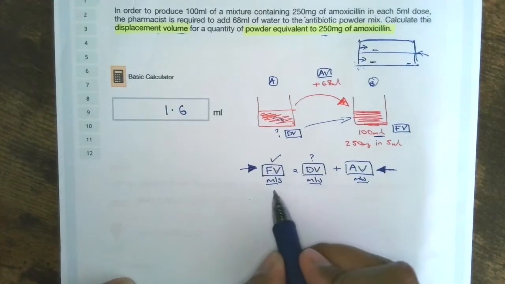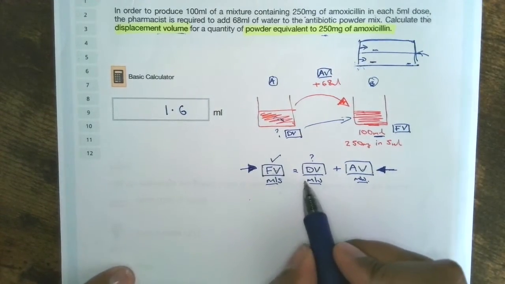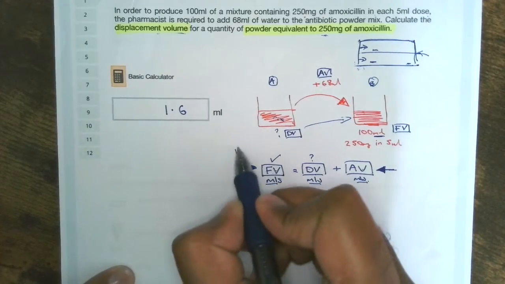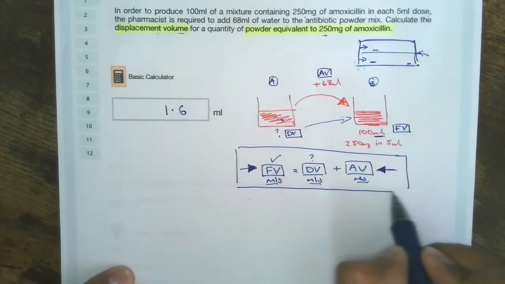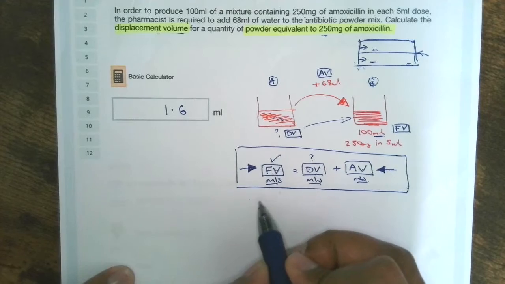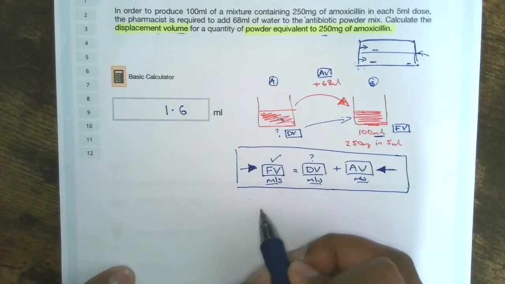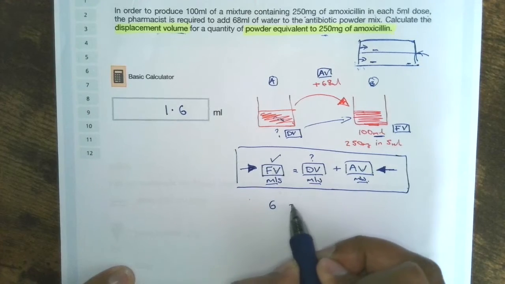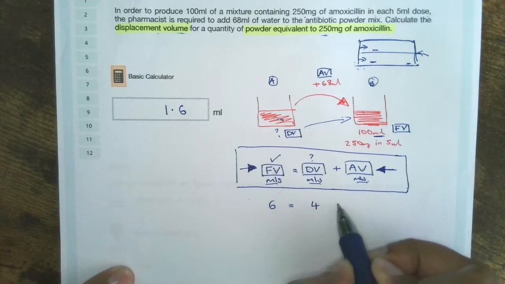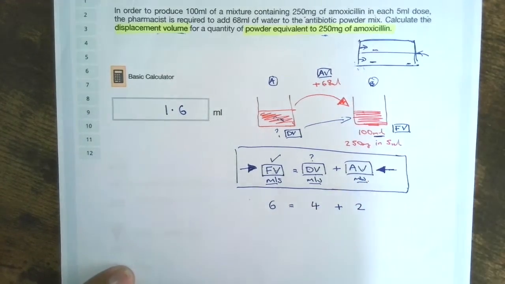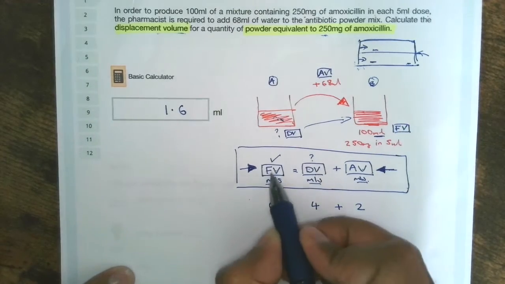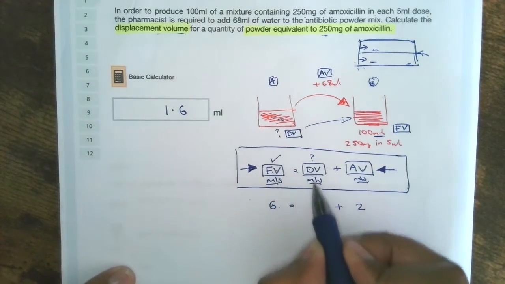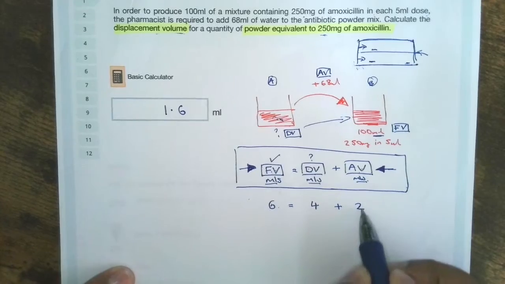Now let's take a look at rearranging this formula. Okay, so rearranging formulas. If I said to you that 6 equals 4 plus 2, 6 is the final volume, 4 is the displaced volume, and 2 is the added volume.